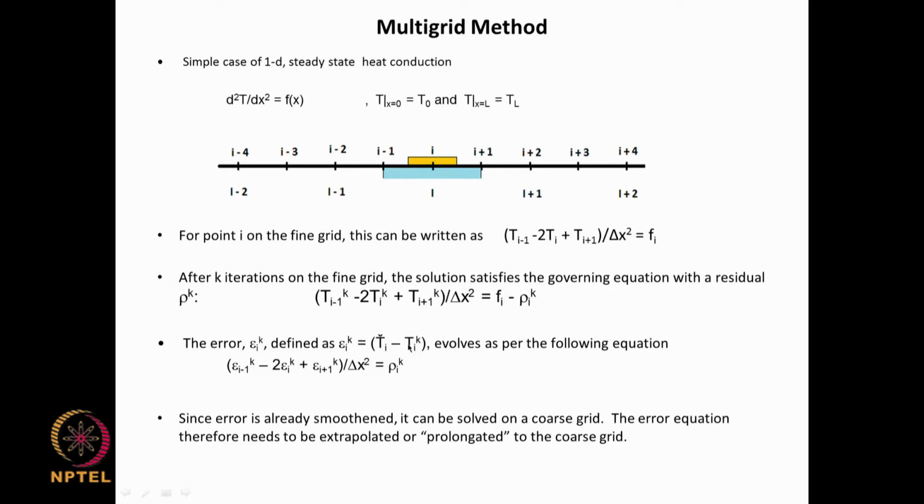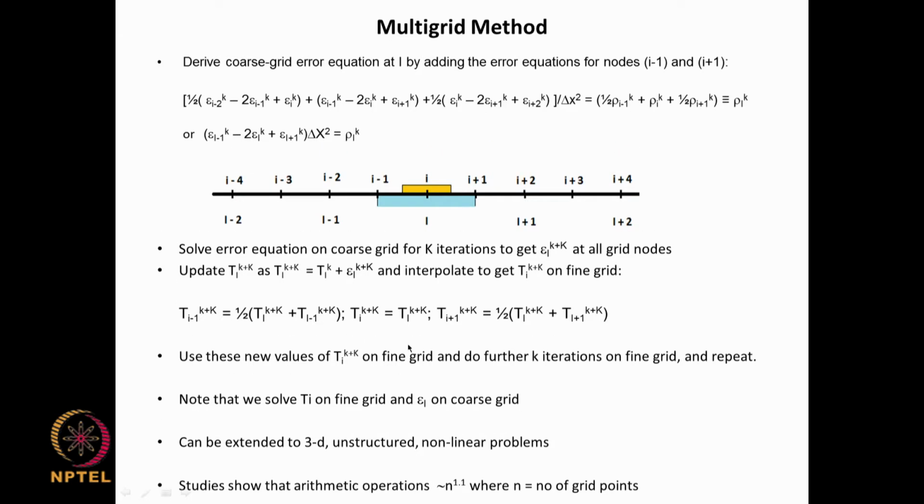So, we have the estimated new solution after small k number of iterations on the fine grid and capital K number of iterations on the coarse grid, which is the value at the coarse grid that we had here plus the error here. Okay. So, with this we can now go to the fine grid.